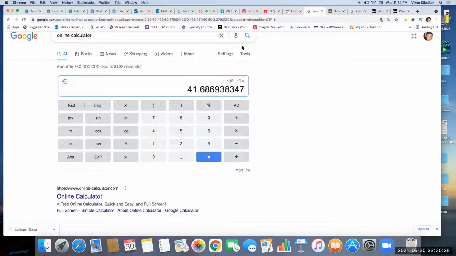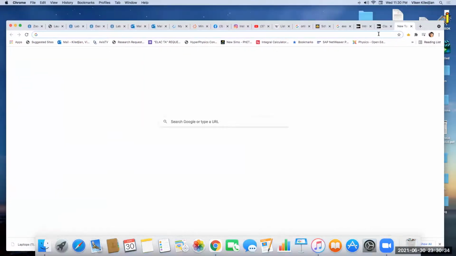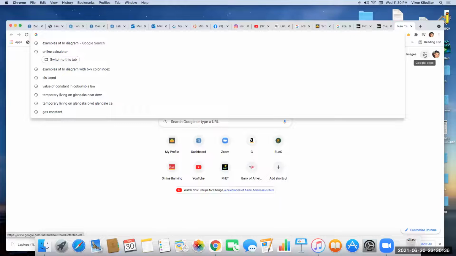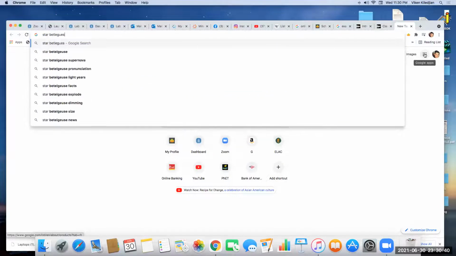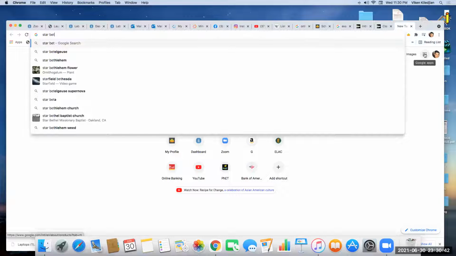Just take, for example, any star in the sky. Star Betelgeuse, one of my favorite stars.